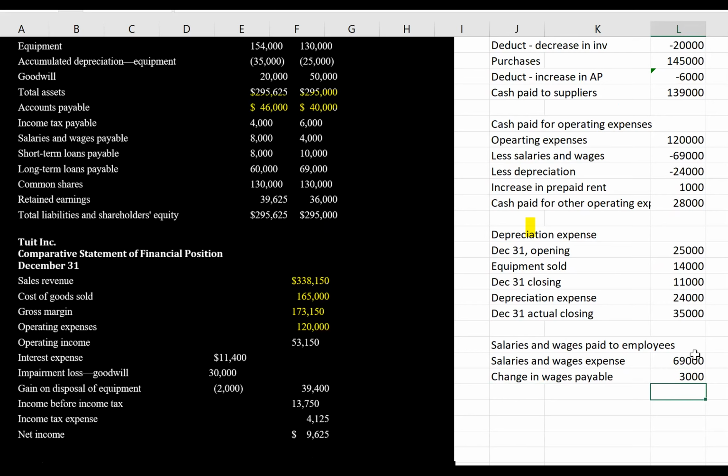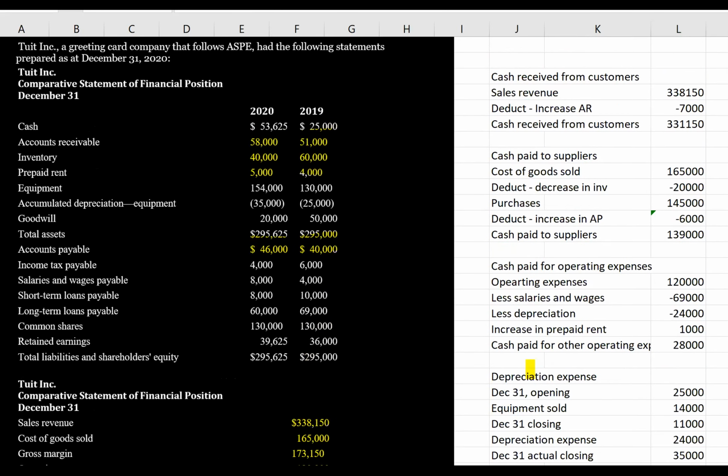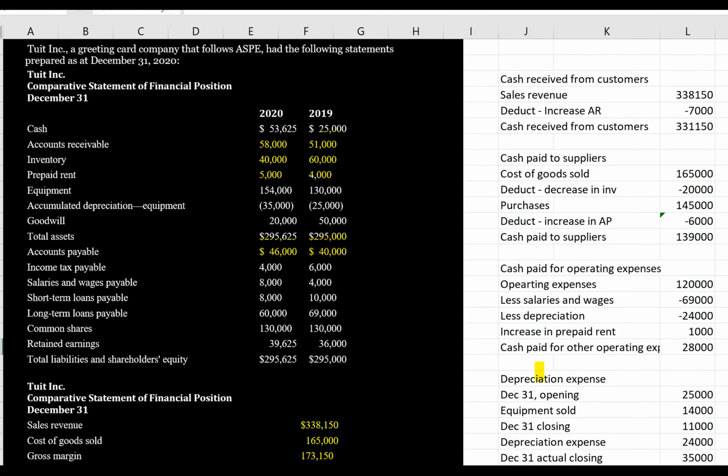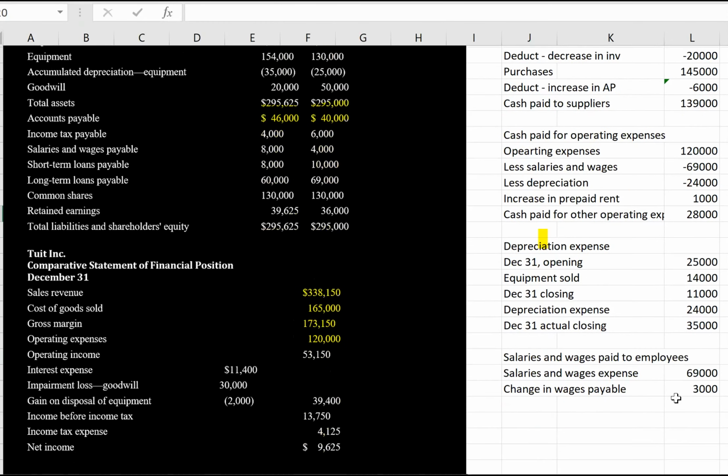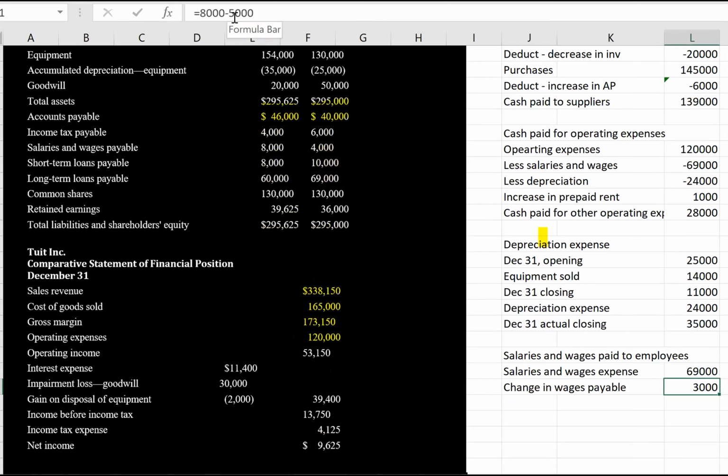So it increased from 4,000 to 8,000. Let me expand this so you can see the formulas I'm doing here. So salaries and wages payable is going to be 8,000 minus 4,000.